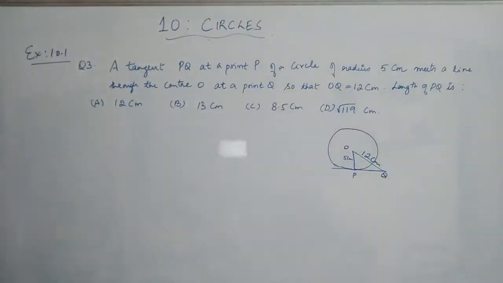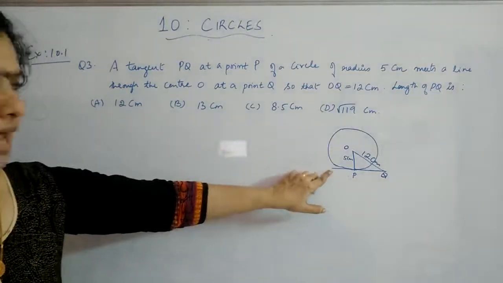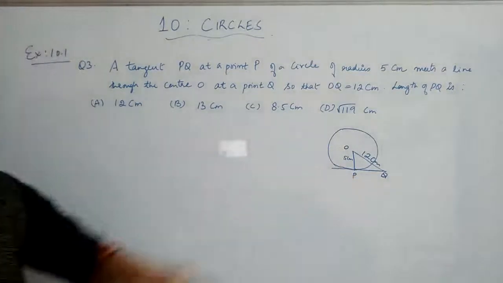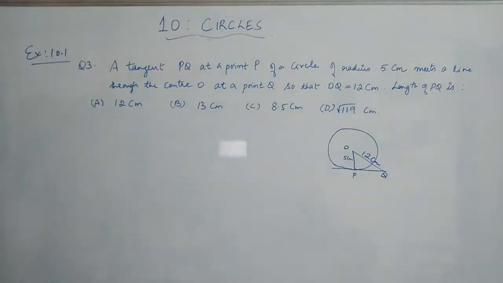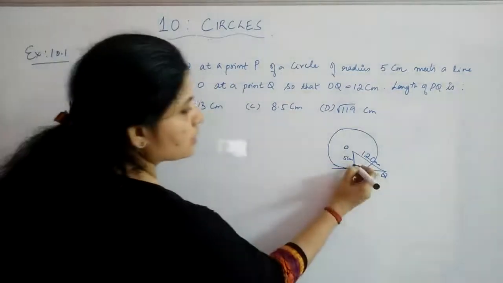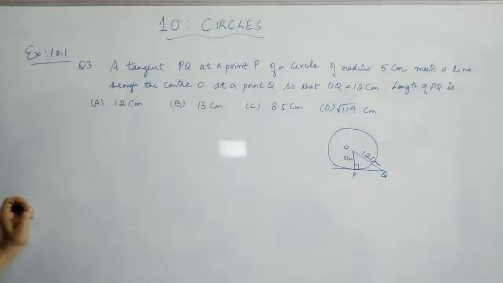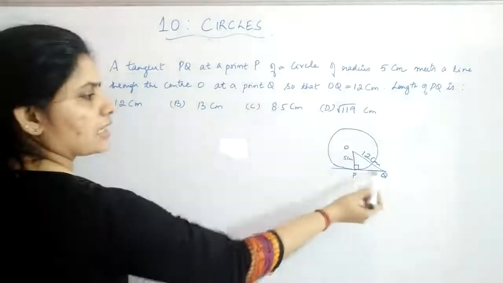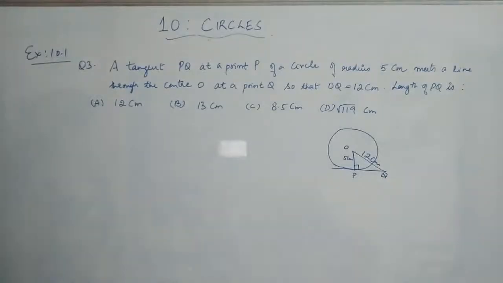Now you have to find out PQ, so we will apply the theorem. What was the theorem? The radius and the tangent at the point of contact will be perpendicular to each other. That means at the point of contact, this radius and the tangent will be perpendicular to each other. So you are getting triangle OPQ to be a right angled triangle. That means you can use Pythagoras theorem to get the side PQ.